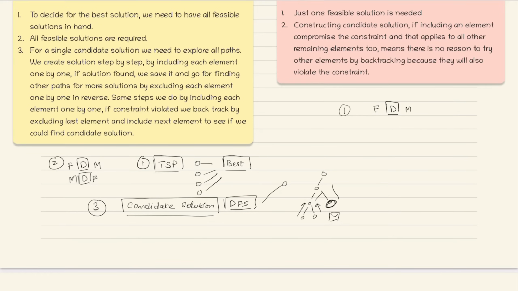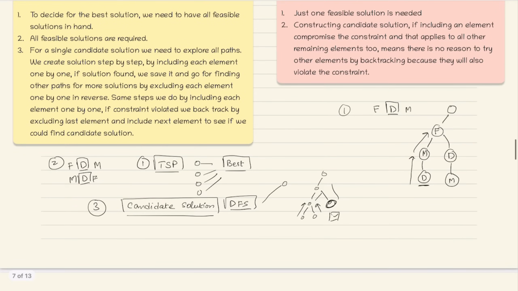That's the one. Once you find this solution, you keep on moving: you find father, then mother, and then you try for, let's suppose, daughter. You never find it because you are on the leaf node. You go back, and then you keep on moving forward because this is like a tree traversal. So you come here, and at this point you find daughter, and then your mother is at the end.